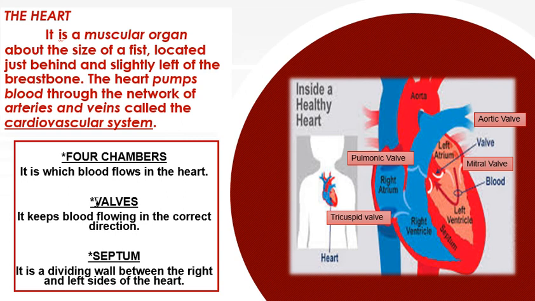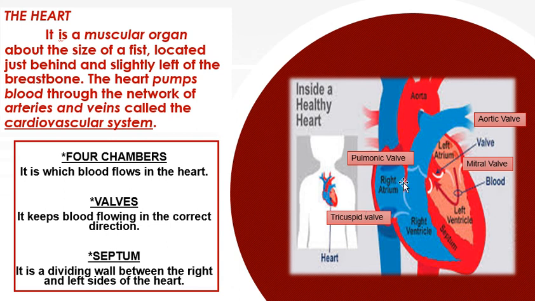Katong deoxygenated nga blood mao gikan sa ato ang lawas nga wala pa siya'y oxygen, carbon dioxide iyahang dala. Mao na ang deoxygenated nga blood mo padulong sa lungs para magkuha og oxygen. Pag naa na siya oxygen, ang tawag na atong blood is oxygenated. Mao na ang mo distribute sa different parts of our body.